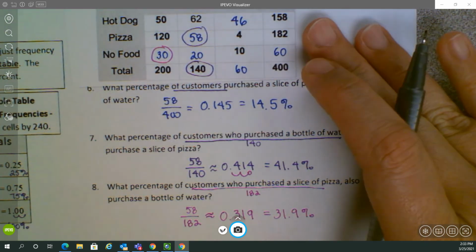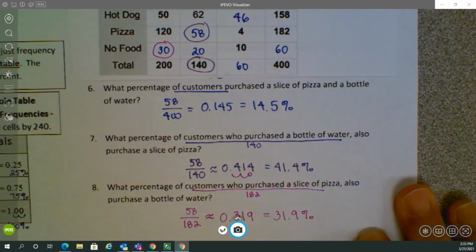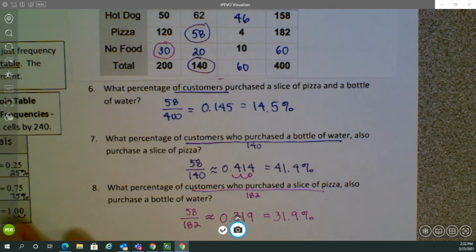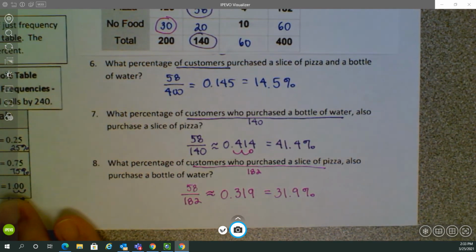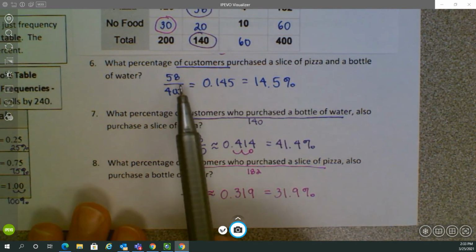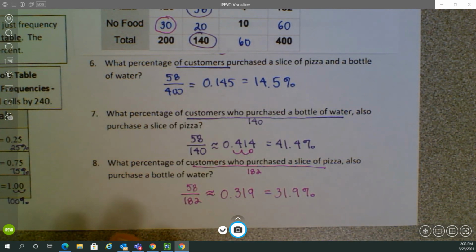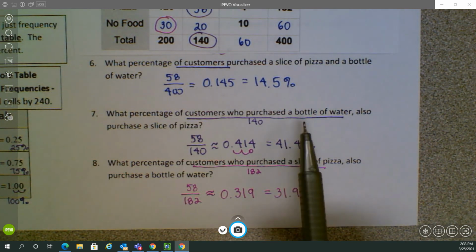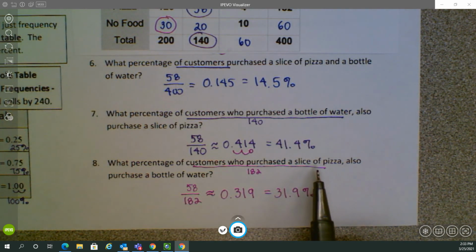So notice what happens here. These 3 situations involved pizza and water, but we looked at the different counts of how they're related, okay? So 14% of everybody purchased pizza and a bottle of water. 41% of water buyers bought a slice of pizza. 31% of pizza eaters bought a bottle of water.